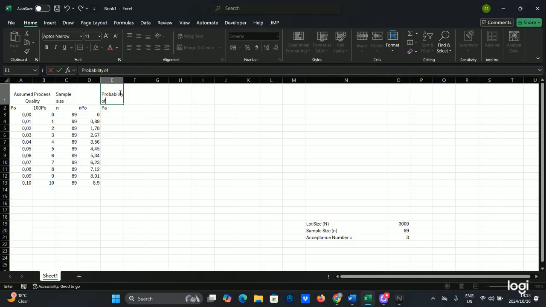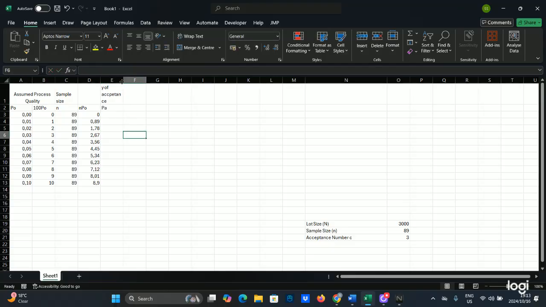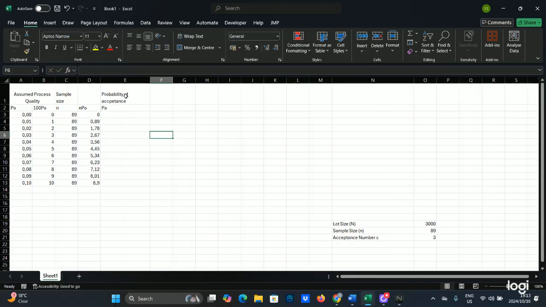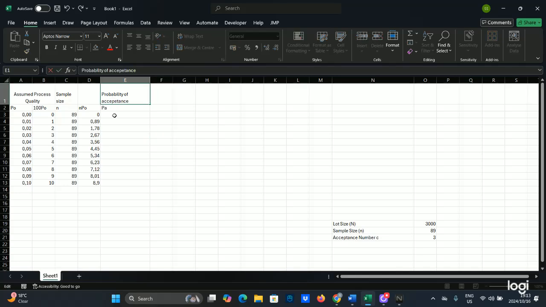Probability of acceptance, which is PA. As I was saying, the Poisson distribution is the most accurate probability distribution to determine the probability of acceptance in acceptance sampling.